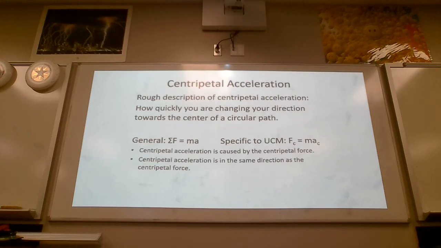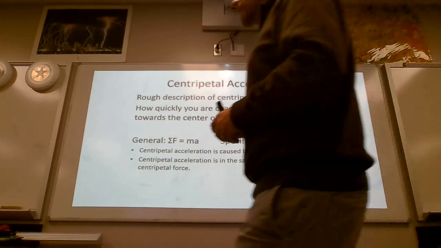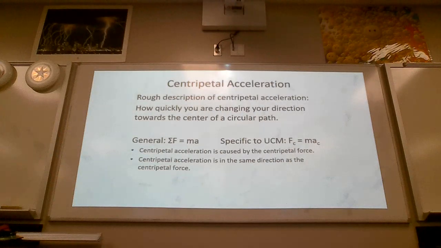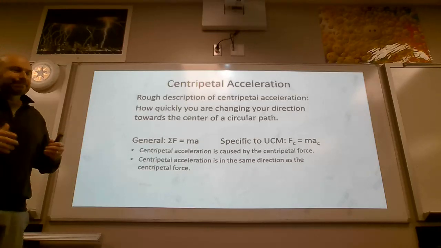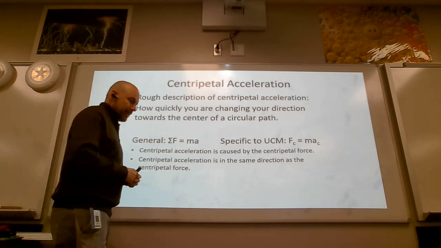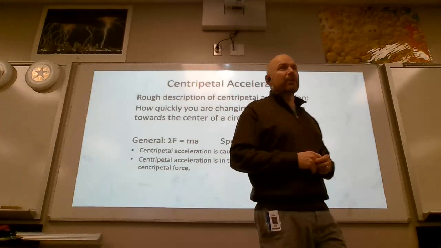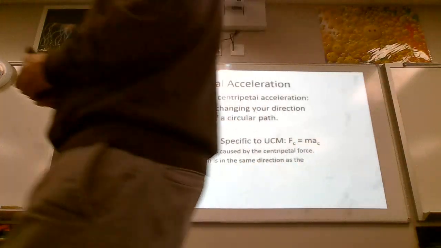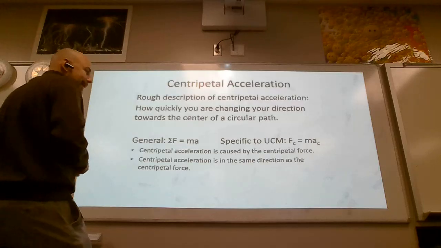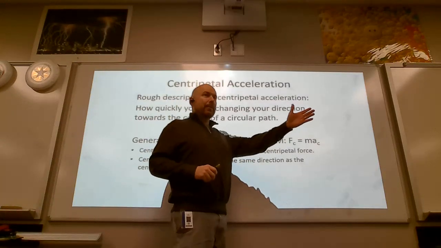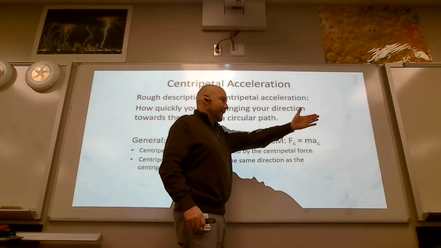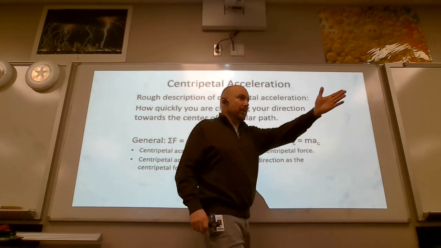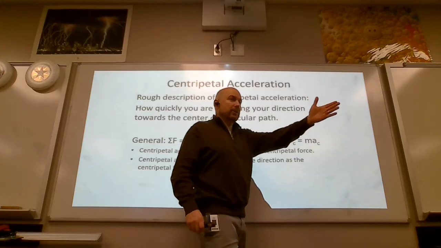So this is not a totally accurate description, but it kind of gives us an idea. As you're walking in a circular path, the direction of your velocity at any moment in time is tangent to the circle. So my velocity is going this way at this moment, and now it's going in this direction at that moment.